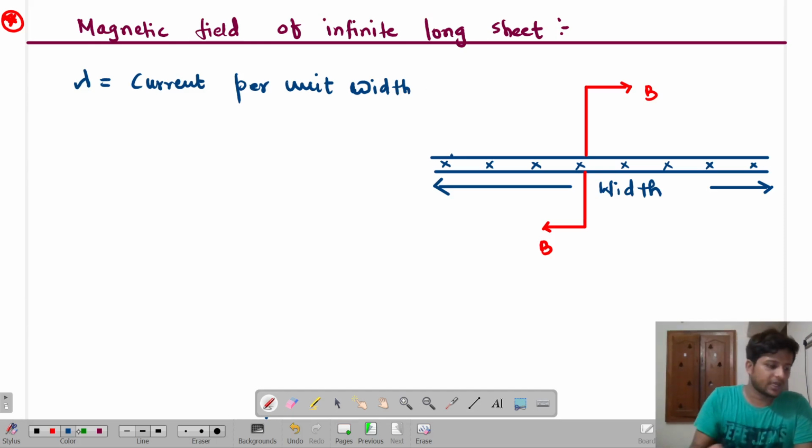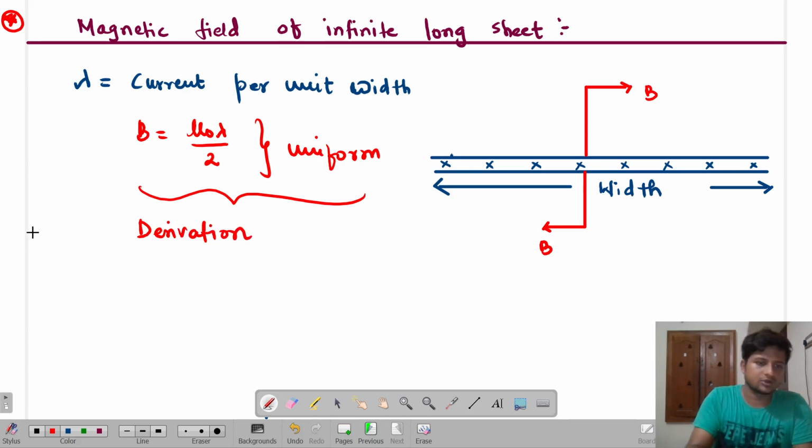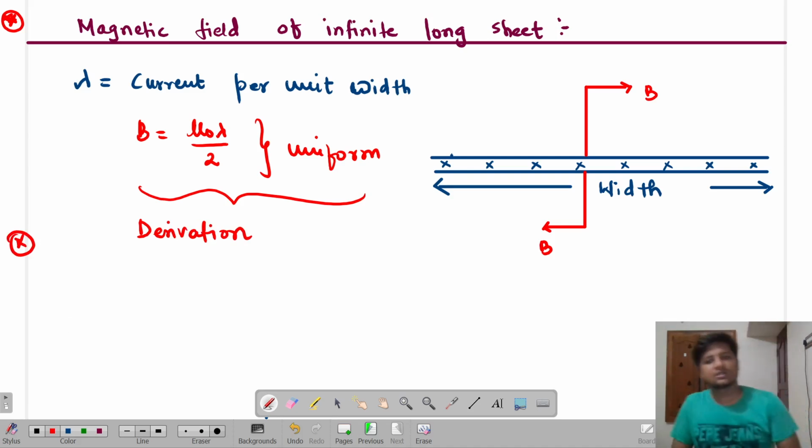Then the magnetic field is given as B is equal to mu naught lambda by 2, and it is always uniform. This is a very big derivation and depends on boundary conditions. So I'm giving you this task to search for its derivation. Otherwise, I'll discuss it one day definitely.